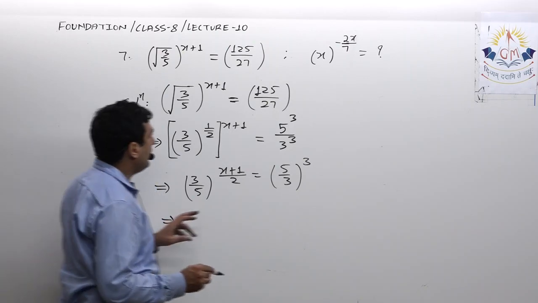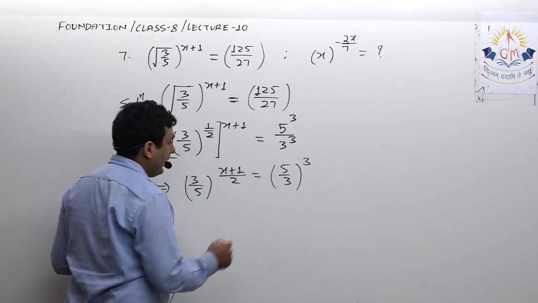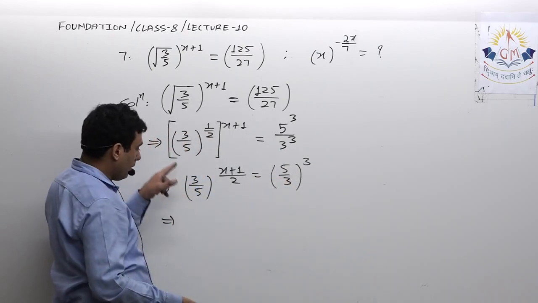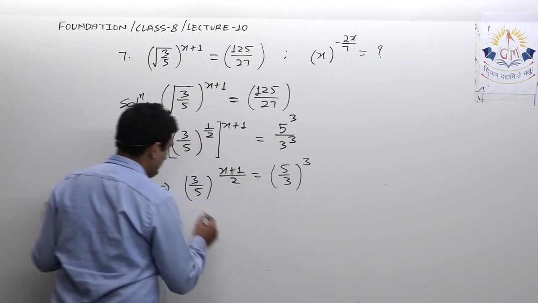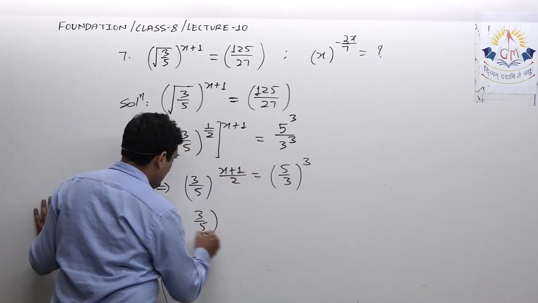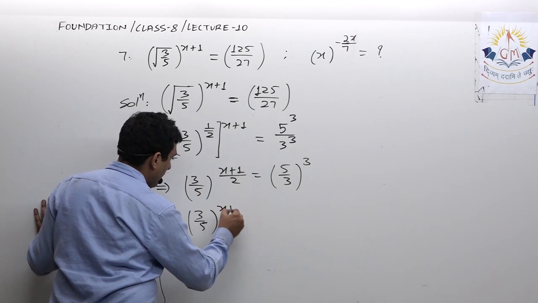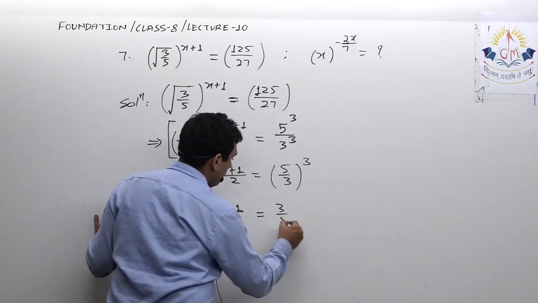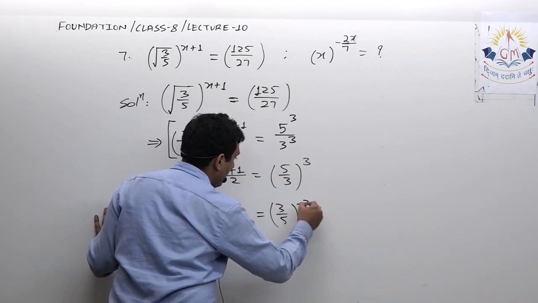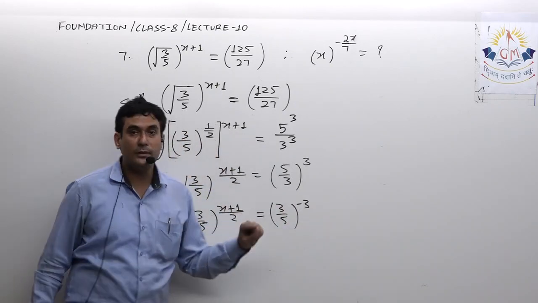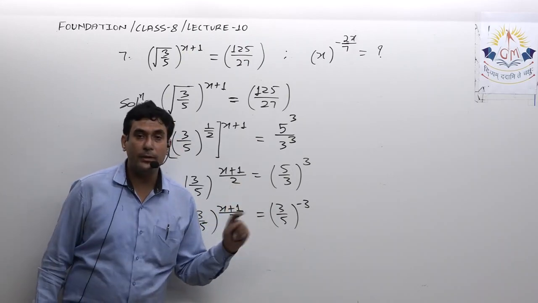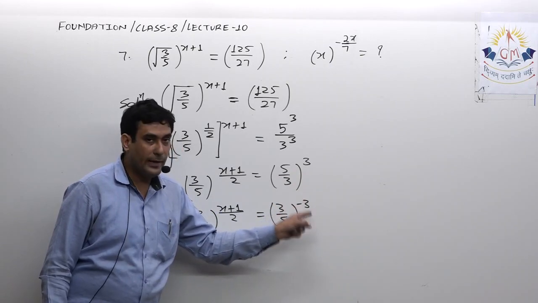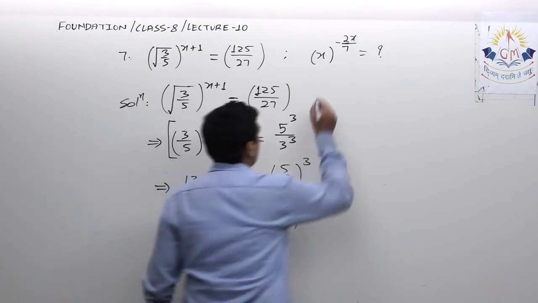So ultimately what I have to do, I have to convert this in that form, and that is easy to convert: 5 by 3 as 3 upon 5 raised to minus 3. We know whenever we interchange the numerator and denominator, we have to make the exponent negative.